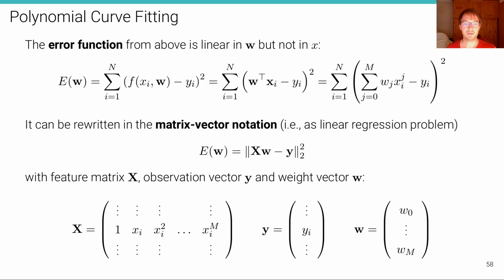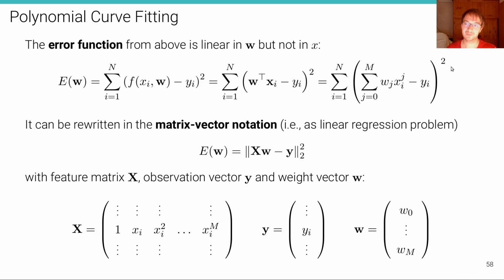Now we can rewrite this energy function here in matrix vector notation in order to transfer this into the same format as we have used previously, into the same format as the linear regression problem was. How can we do that?